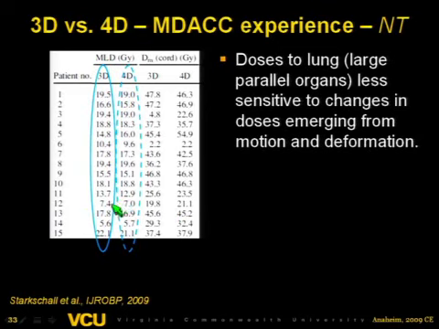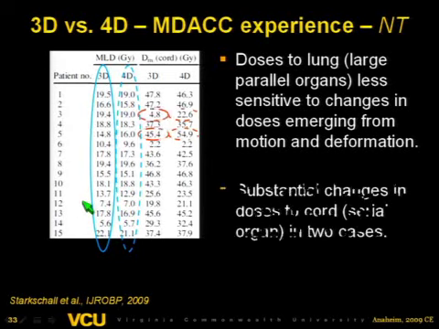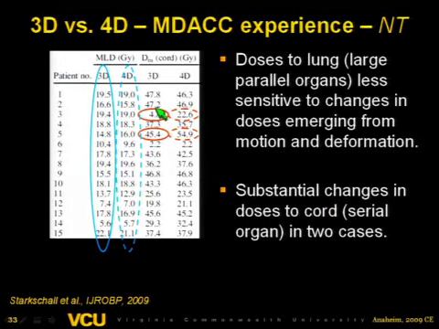The doses to lung appear to be less sensitive to changes in the doses emerging from motion and deformation. But when it came down to the maximum dose to the cord, they found substantial changes, as you can see here, in 2 cases, which seems to suggest that knowing what happens with the serial organs may be more important than what happens in parallel organs.